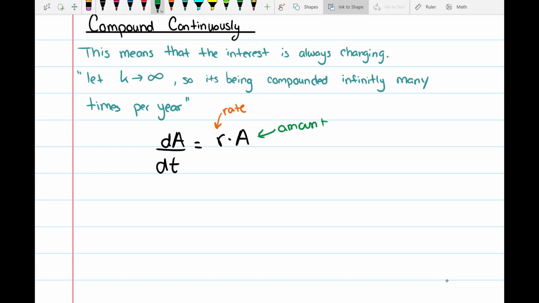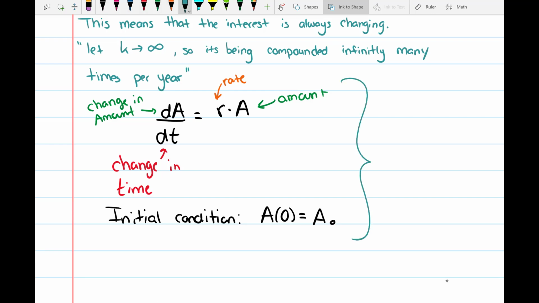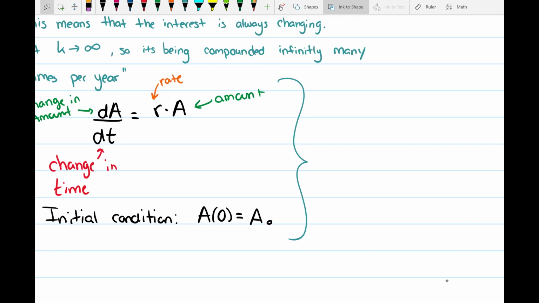So this is saying that our amount is going to change because we're multiplying by a number, and the dA is the change in the amount, and the dt represents the change in time, where our initial condition is A of 0 equals A naught. So at time 0, we have some fixed number. So we're going to use all of this information in order to determine the differential equation for compounding continuously.